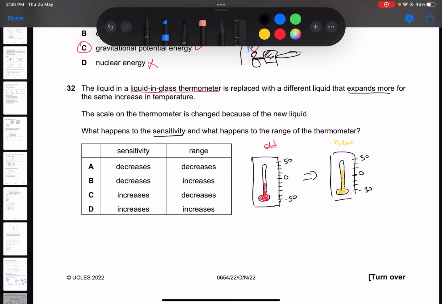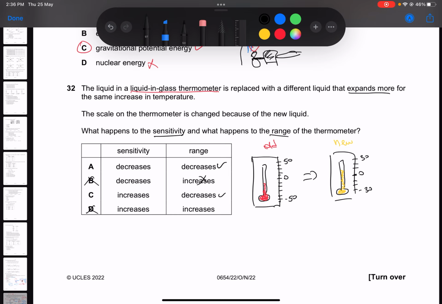So sensitivity and range, two factors we have to find. The range will decrease. It's not B, it's not D. So we have to find the sensitivity. How will this affect it? Guys, sensitivity and range are inversely related, okay? Because it's the same object, the tube diameter is going to be the same.